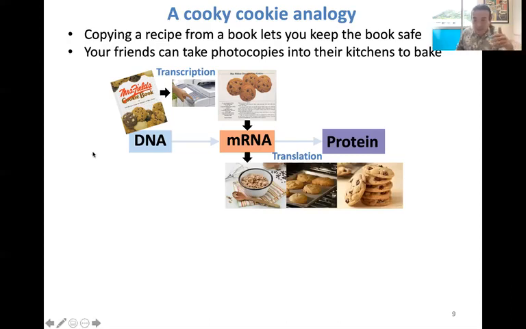Your friends have a copy of that and they go to their kitchens, they still have to do the work of actually interpreting that information and turning it into the finished product, which is the protein, the cookie. And hopefully you realize there's a big difference here. The original information, like the photos of the cookies in the recipe, is not the same as the finished cookie itself.